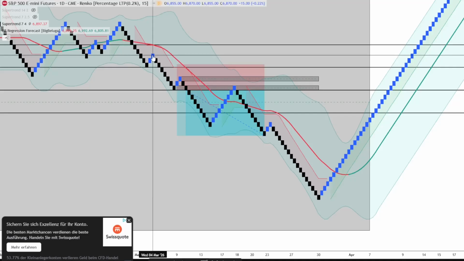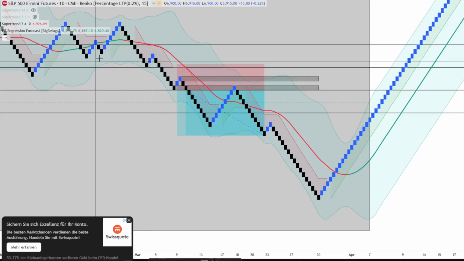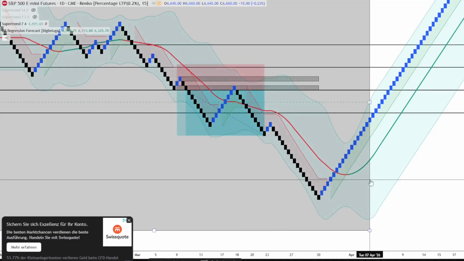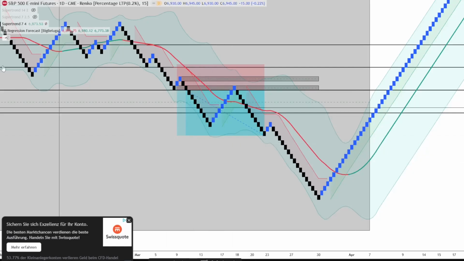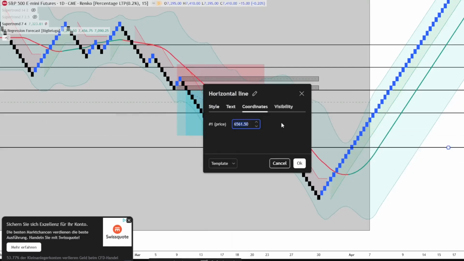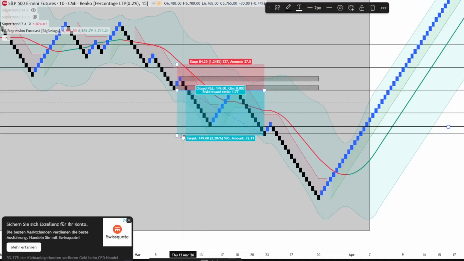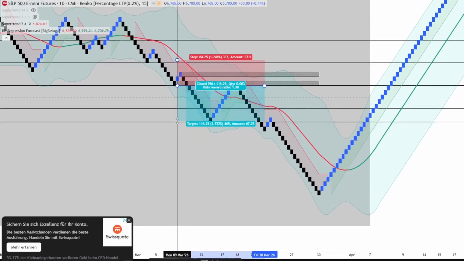So 8 multiplied by 15 is 120. So here is 6,750 minus 120, which is 6,630. So you will put your take profit here, for example.